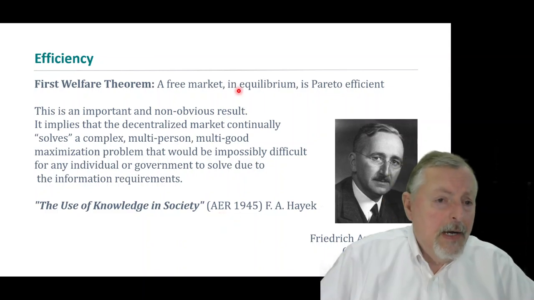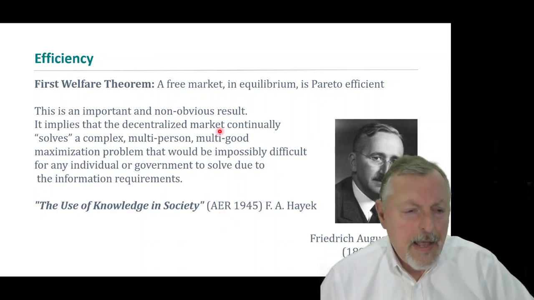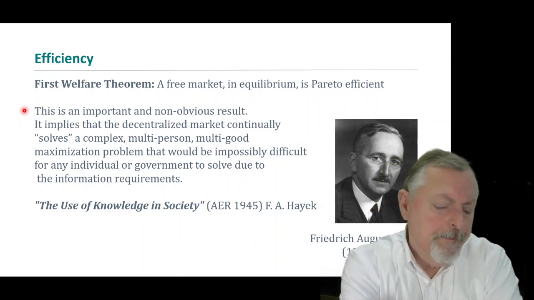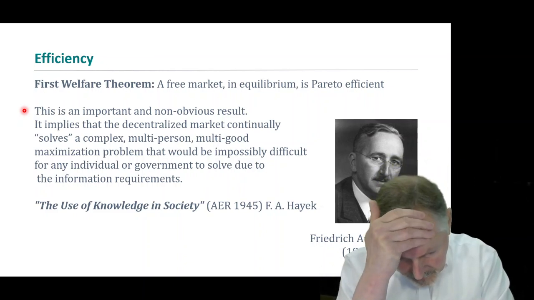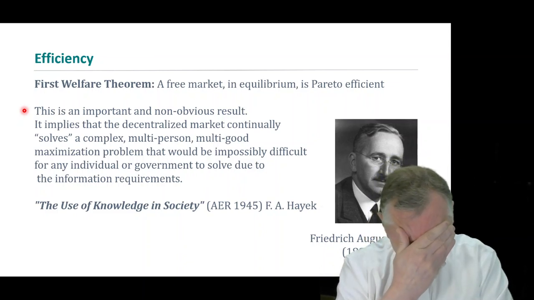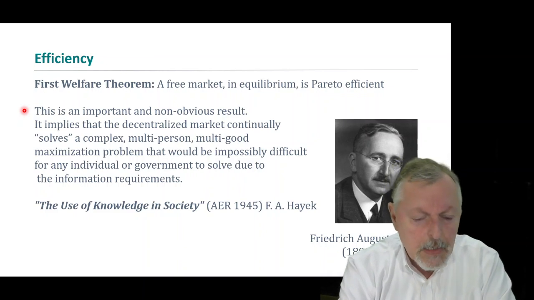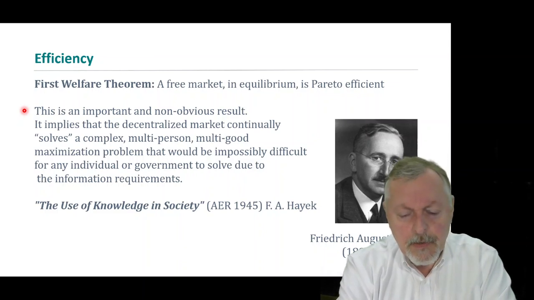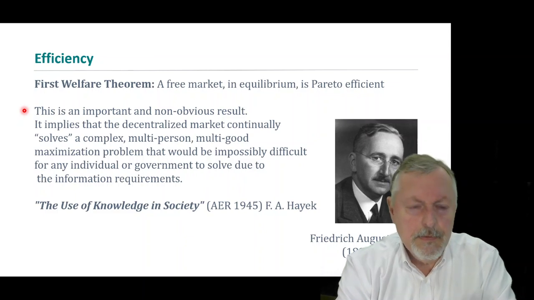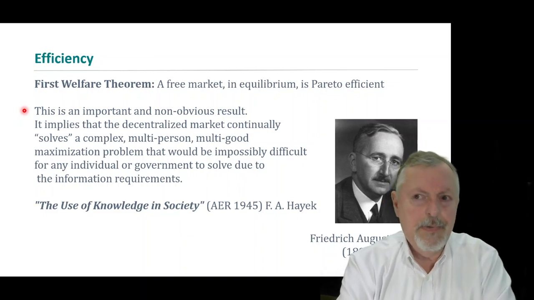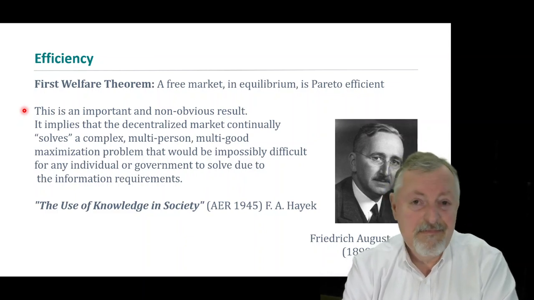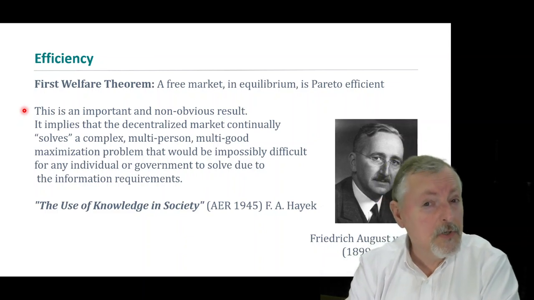All right. Now, Hayek's, let me give you a little background. In the 1930s, there was something called the socialist calculation debate. The Russian Marxist revolution was only 10, 12, 15 years old.